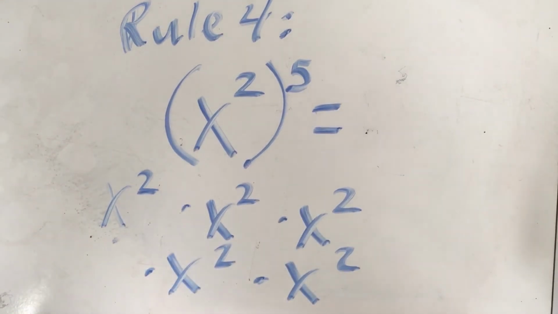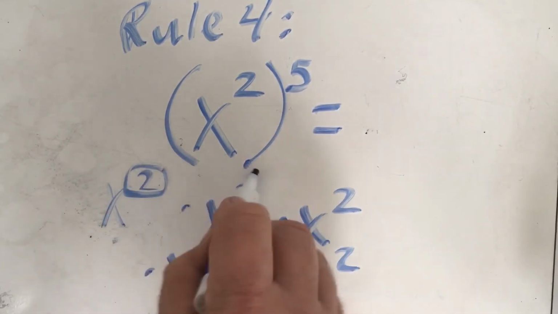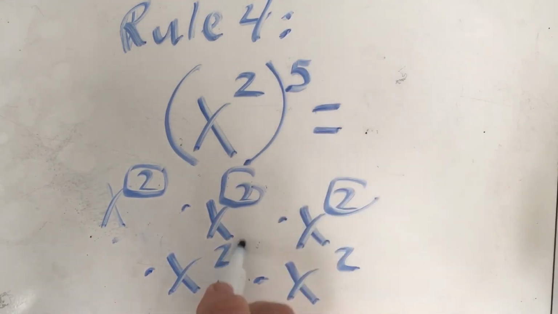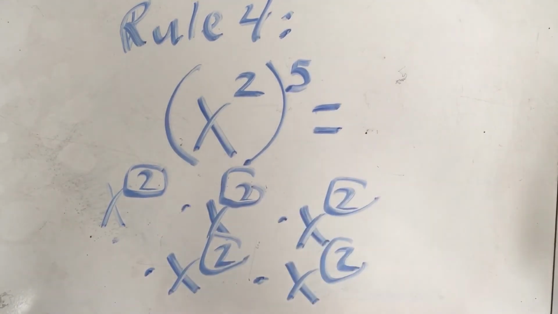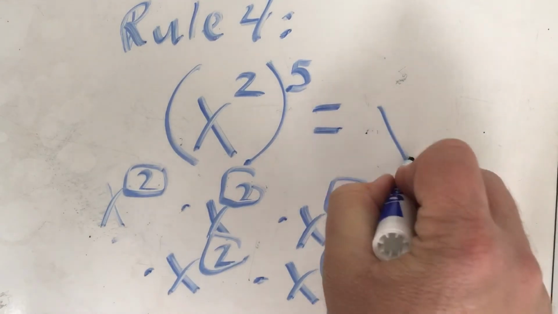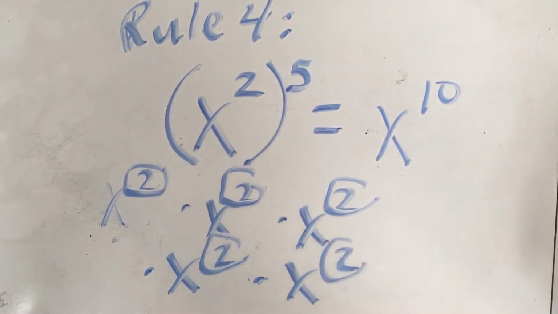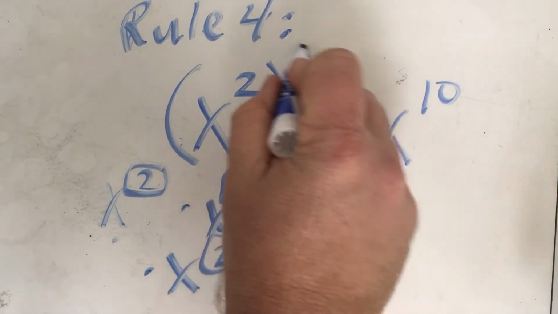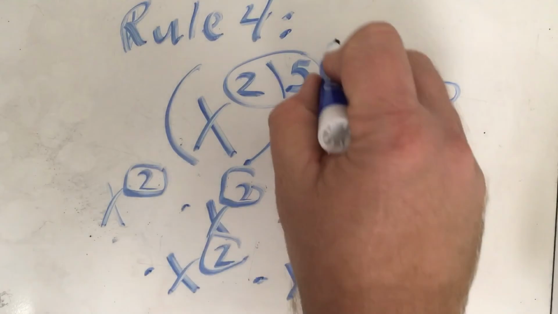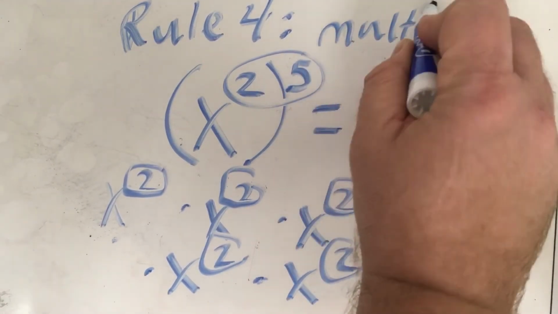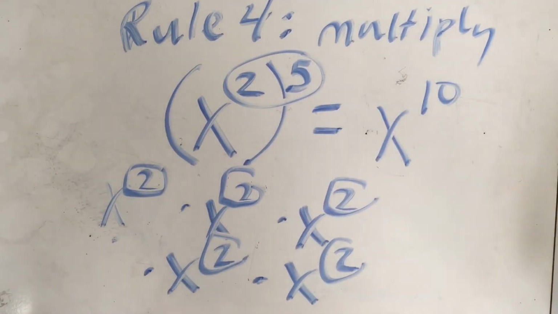Well, if you've got 5 of those and you use the rule we just learned, add, 2, 4, 6, 8, 10. Well, what's the shortcut of that? Some of you probably figured it out. You can just multiply.